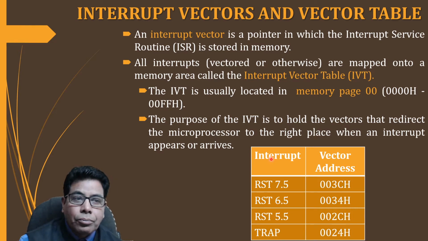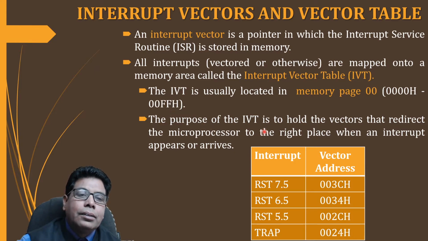So all interrupts, vectored or otherwise, are mapped onto the memory area called the interrupt vector table. This is generally located in memory page 00 hexadecimal, so the addresses will be 0000 to 00FF.